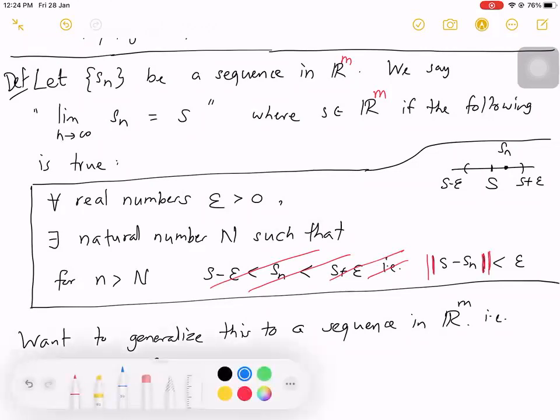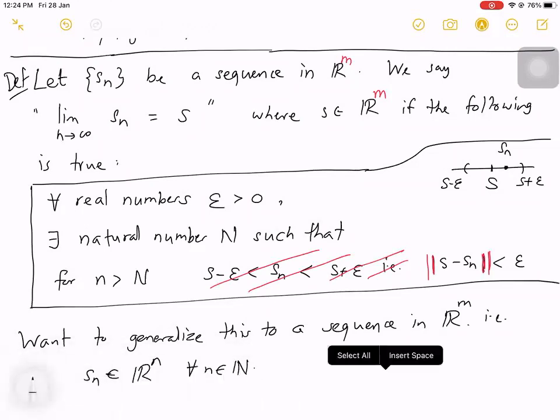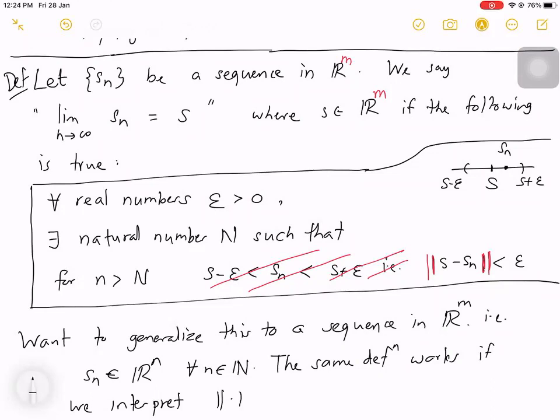So let's write this down. The same definition works if we interpret length of the vector.